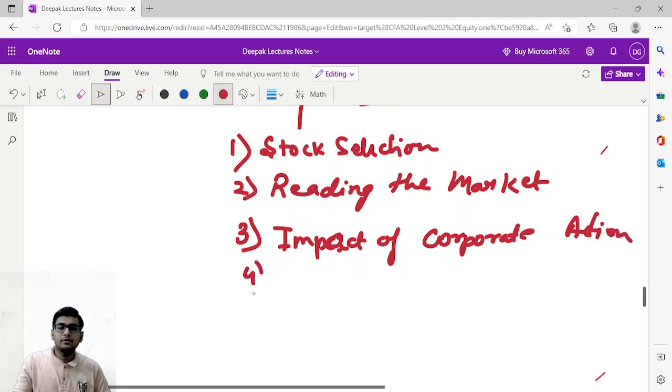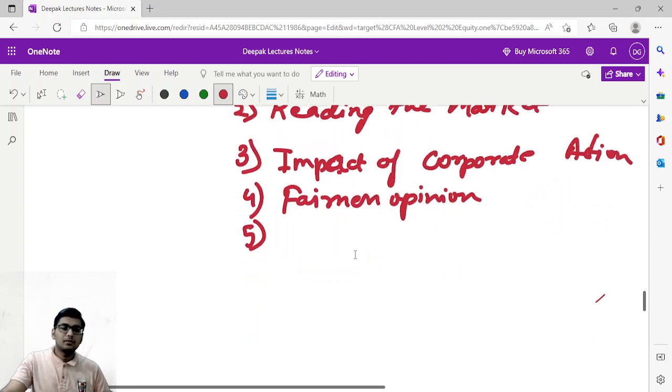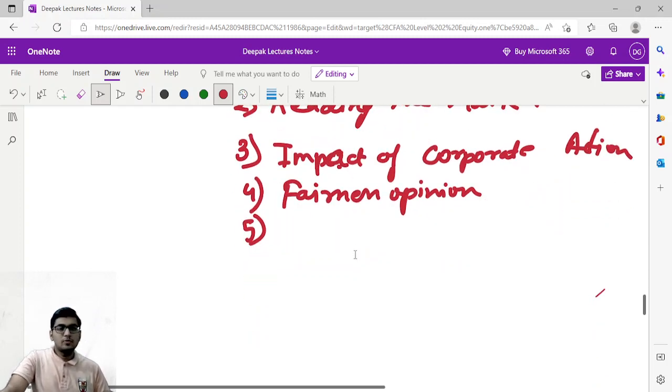Write down next point, point number 4, fairness opinion. Point number 5, planning and consultancy. Write down point number 6, communication with analysts and investors.